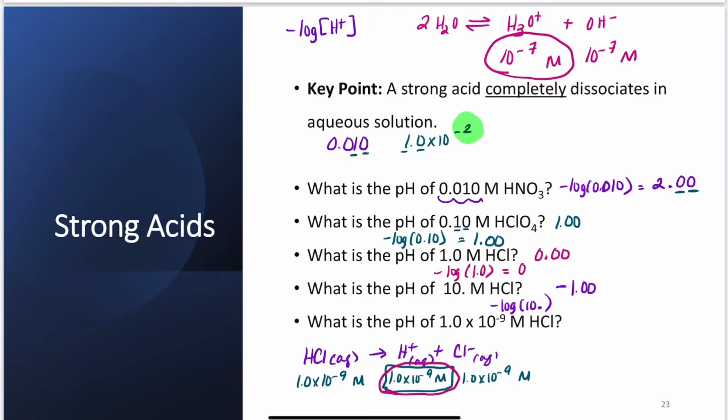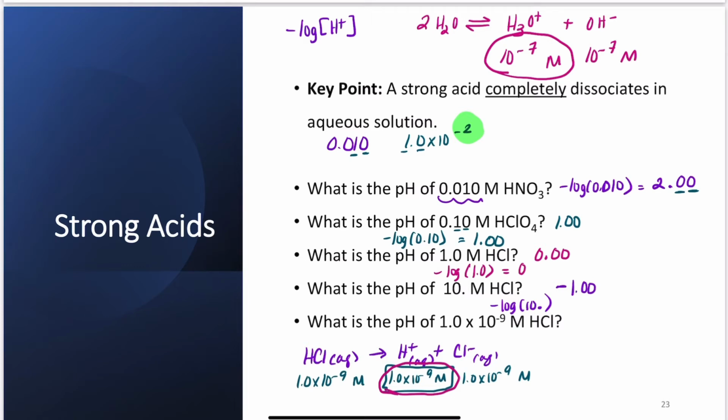If you add 1.0 times 10 to the negative 9th to 1.0 times 10 to the negative 7th, it makes no difference on the system itself. That small amount dissociating because of that very, very weak HCl solution, even though it's 100%, it's a strong acid, yes. Remember, strong doesn't mean that it's strong by creating a lot of protons in solution. Strong means it dissociates 100% in solution.